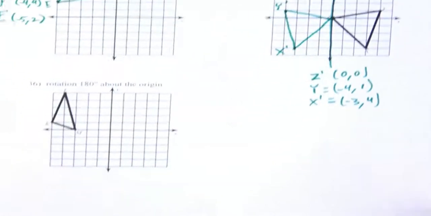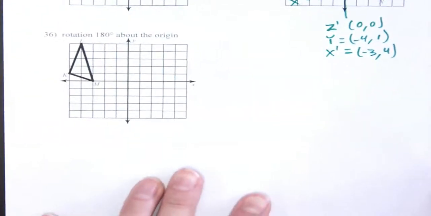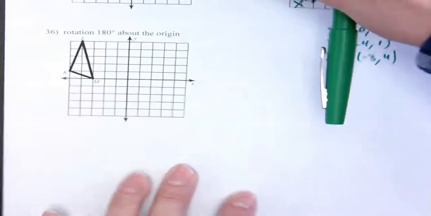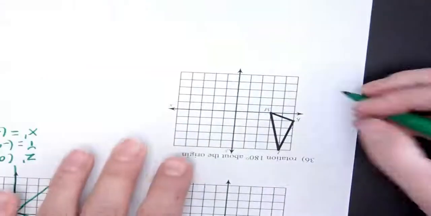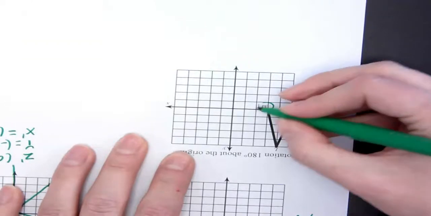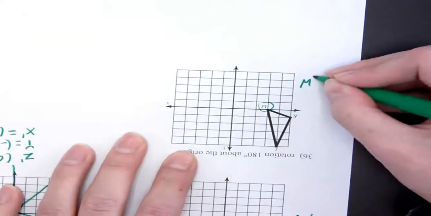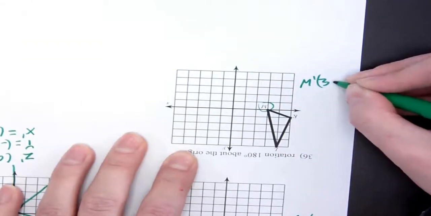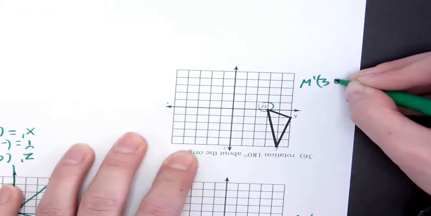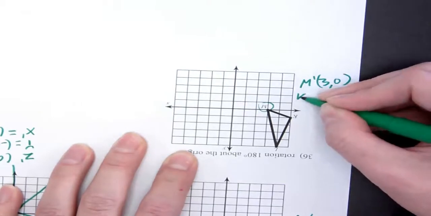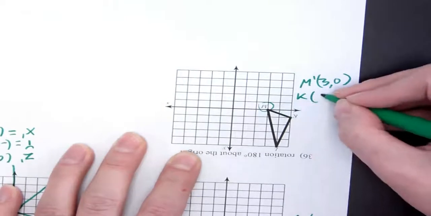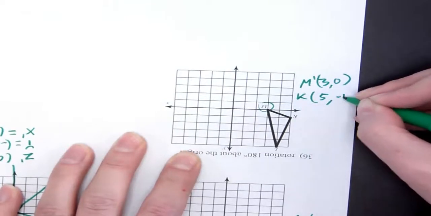And last one, 180 degrees about the origin means I take my paper, I flip it upside down, and I label. So M is now 3, 0. K is now 5, -1.